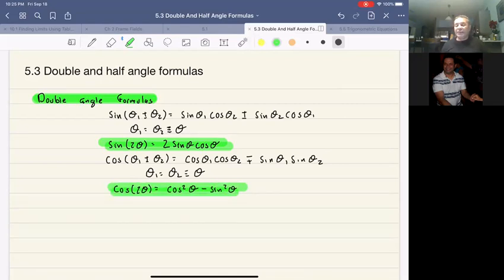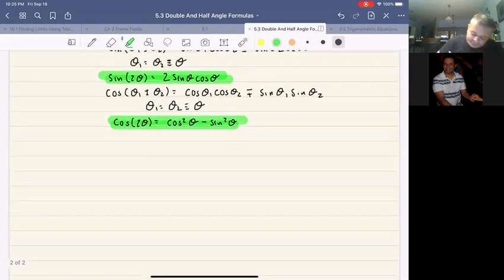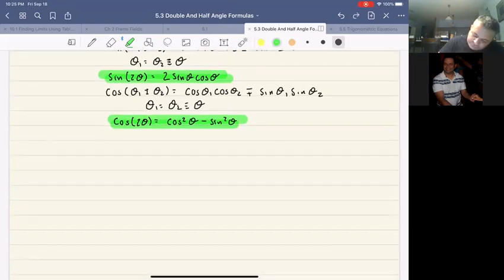Now there is a tangent double angle formula as well, just for completeness. Okay, we can get there one of two ways. We could go with the tangent formula from 5.2, or we could just go from here, saying this is sine of 2 theta over cosine of 2 theta.